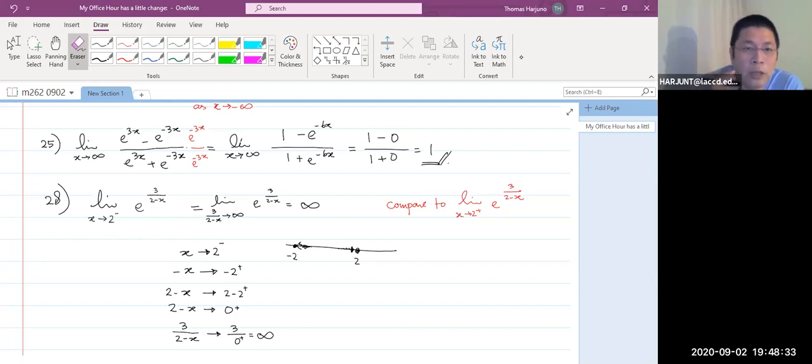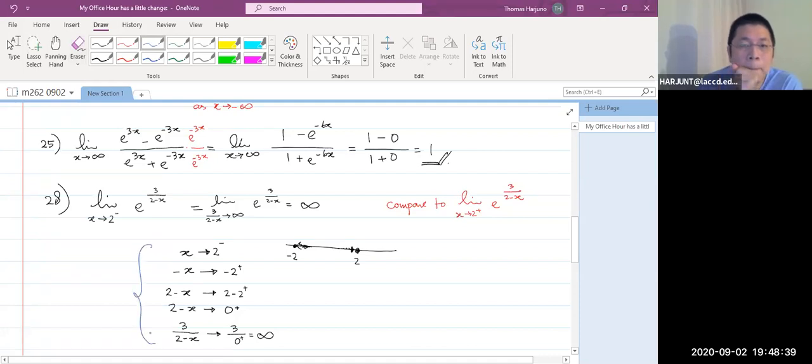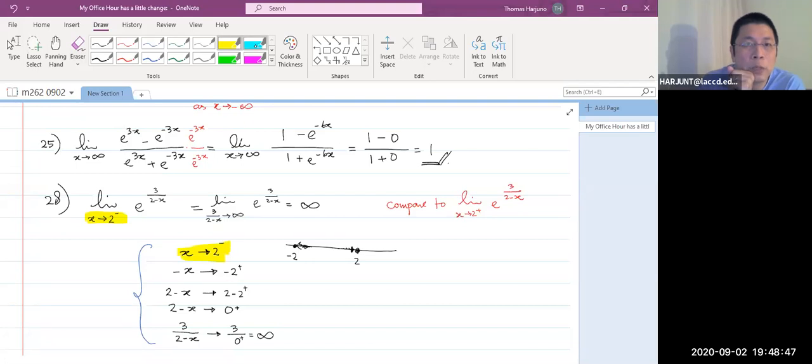Number 28, take a look at the explanation. So basically I modified what we have here to be something that looks like that here.